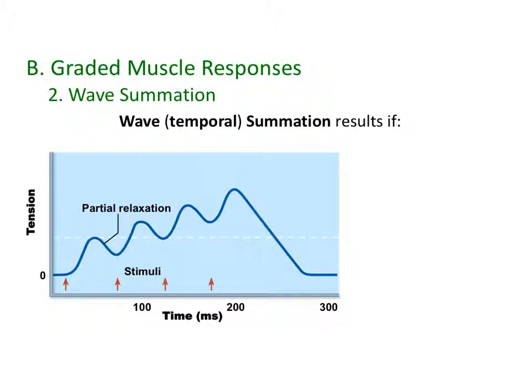So what happens in wave summation is you get two or more stimuli received by a muscle or motor unit in rapid succession.